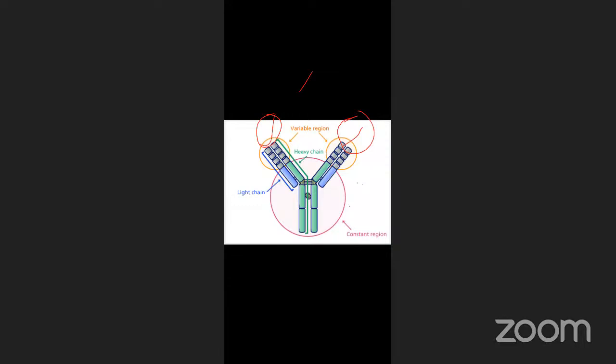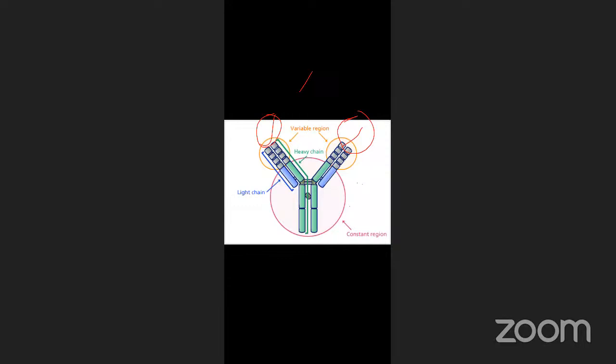The Fc region of this G3 antibody can bind with phagocyte cells. It gives bulk immunity and crosses the placenta.